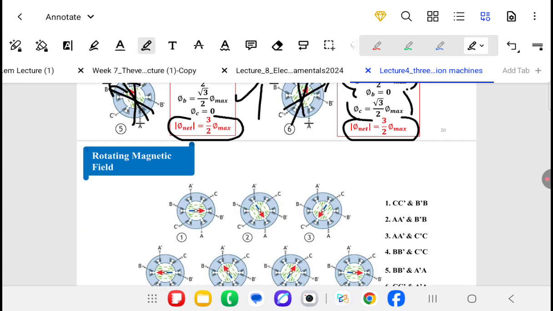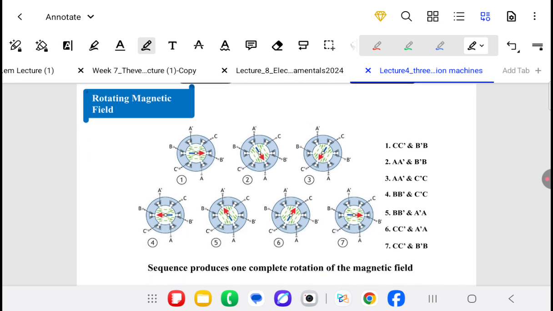Now, from these figures, we can conclude that the flux has a constant magnitude, which is equal to 3 over 2 phi maximum.